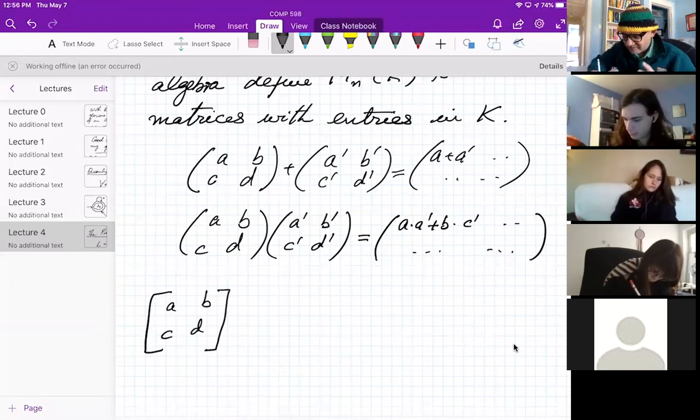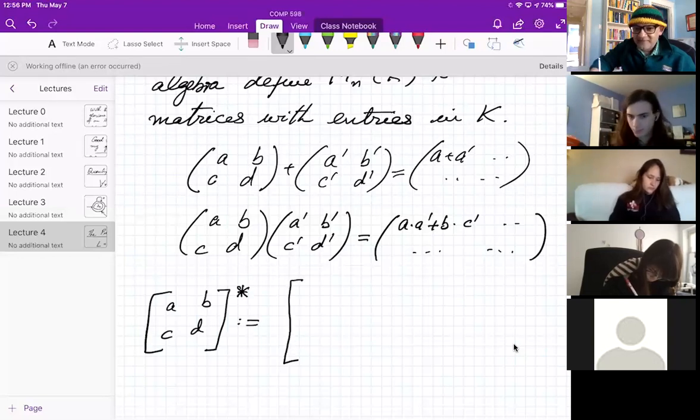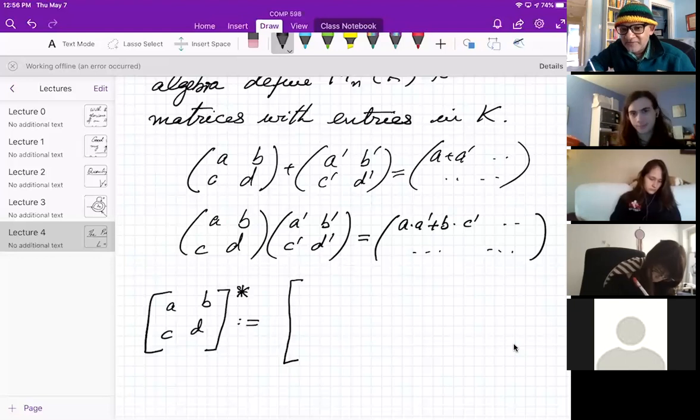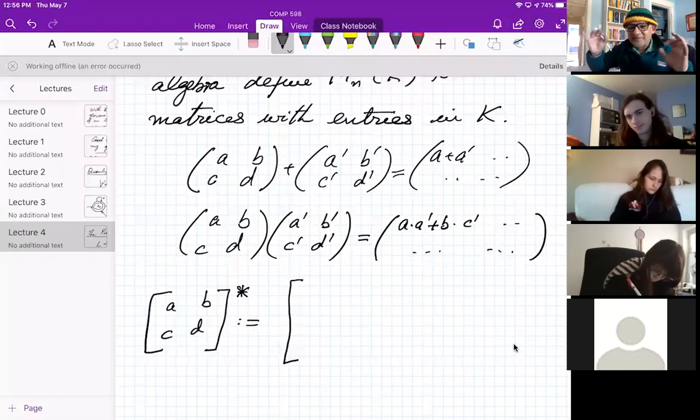It's all the same. It's just a matrix. So the star of this guy is given by the following magic formula. And instead of giving you a justification of all this, I'm just going to draw a picture that might explain to you why that's the right formula.